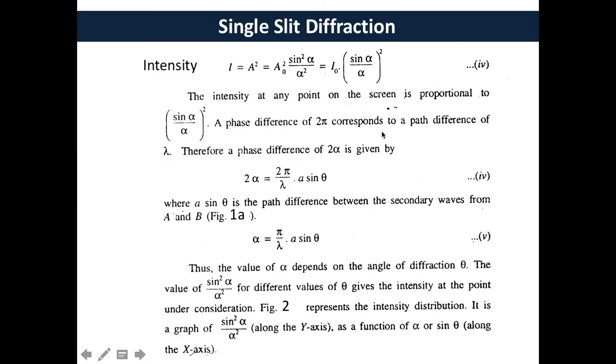Now you know the intensity is nothing but the square of the resultant amplitude. So you can write A naught square sine square alpha upon alpha square is equal to I0 sine alpha upon alpha whole square.